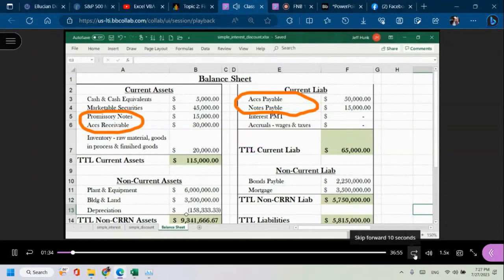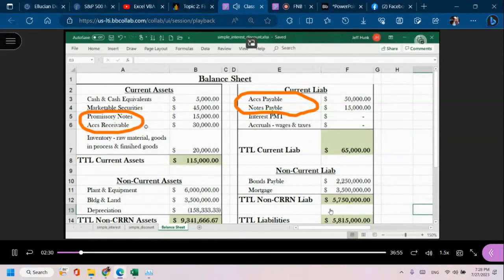But the reason is not because most of the times it's because they want to use their money, right? On the balance sheet, it is recorded on the current asset side, and it is like a promissory note, and it is recorded on the current asset side, and it is like accounts receivable.